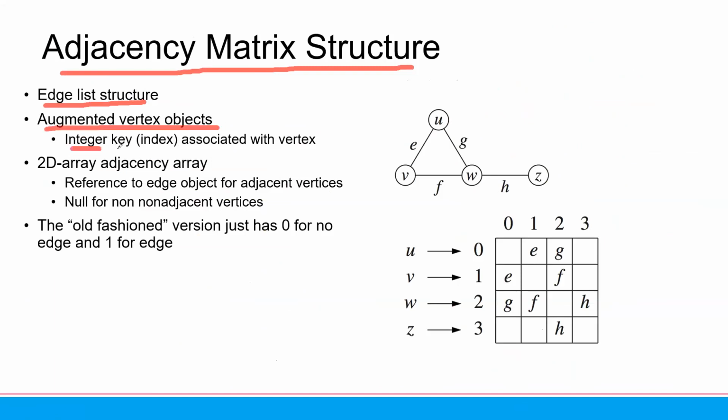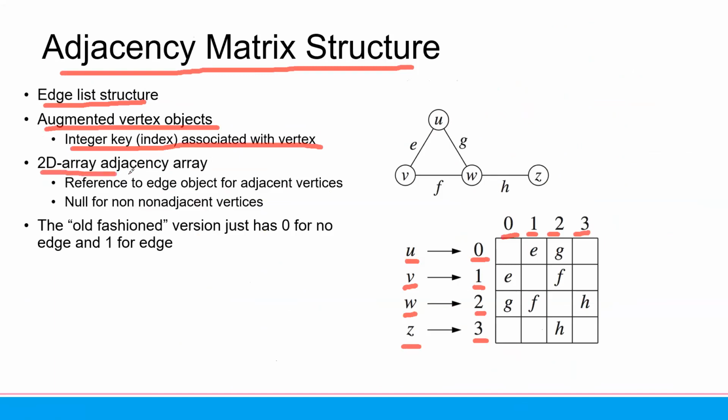We have the integer key or index associated with the vertex. So we use 0, 1, 2, 3 to indicate the vertices. Let's say 0 is the vertex U, 1 is the vertex V, 2 is the vertex W, and 3 is the vertex Z. So it is the integer key.